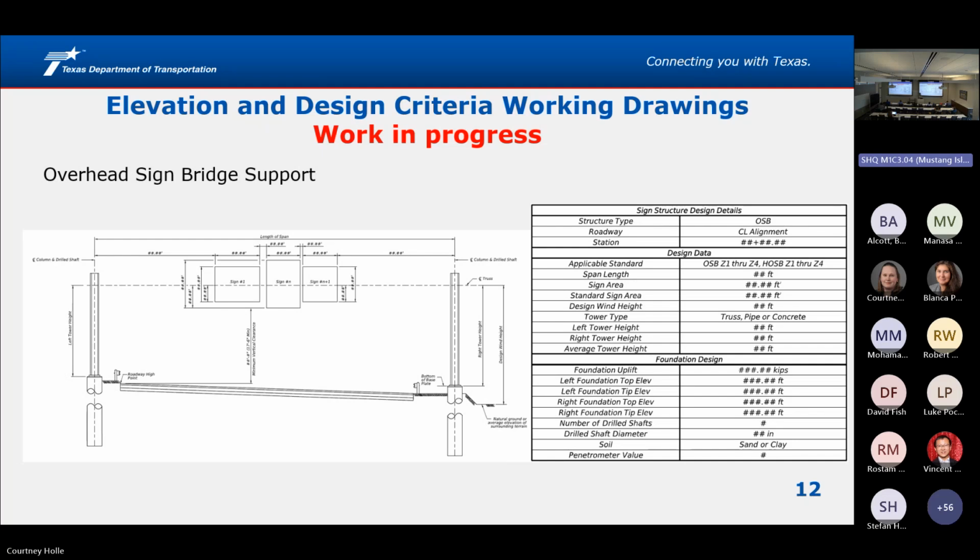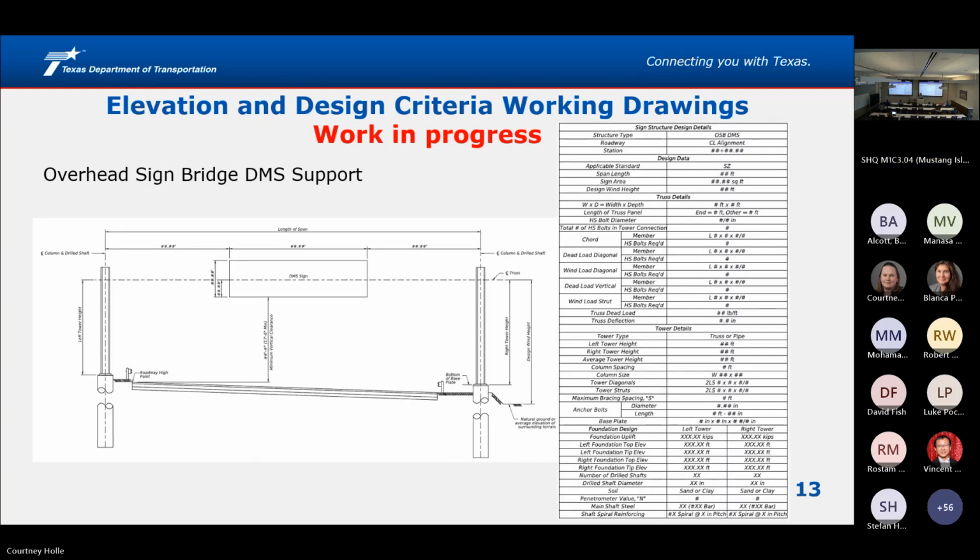For OSBs, again, following the same pattern. If it's just traditional panels, it's a standard, similar table. The only thing we break out is the left tower, right tower, left foundation, right foundation. If it goes to a DMS, the table blows up quite a bit. Again, left and right, but you're still filling out your cord, your web members, all of that info.